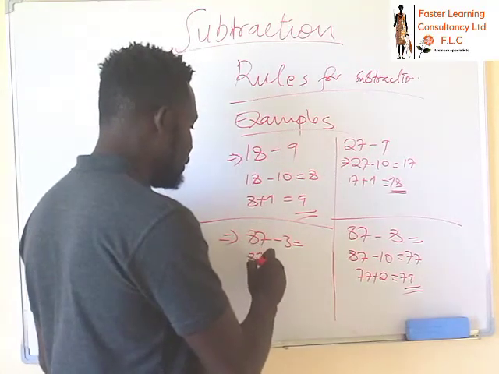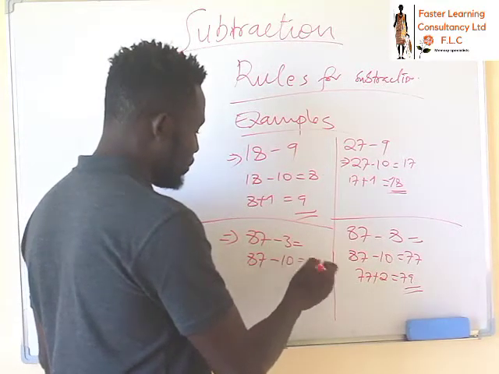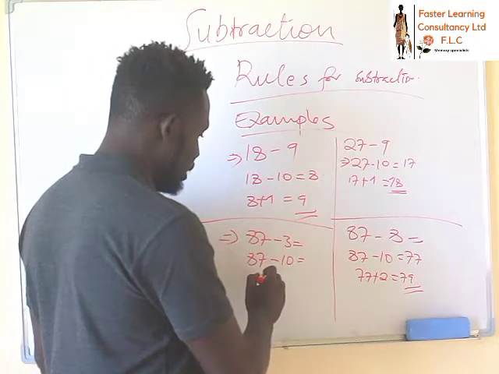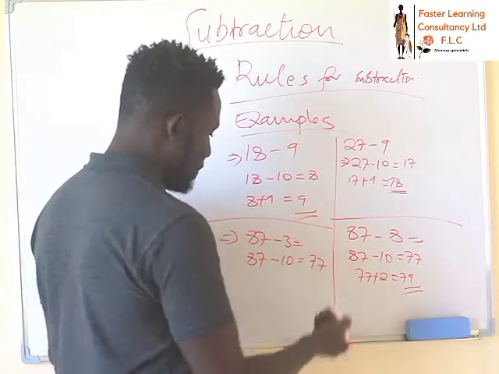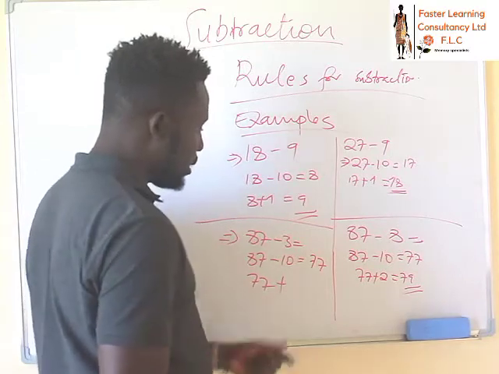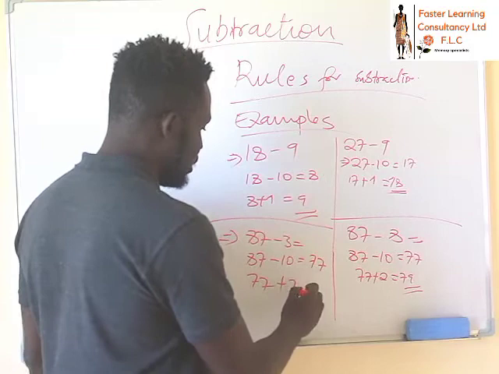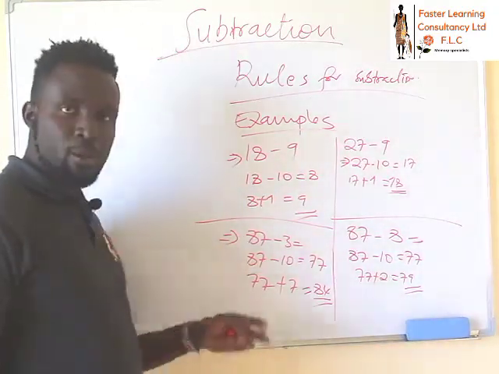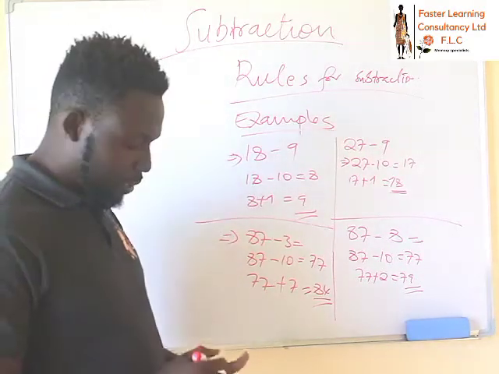I'm going to have 87 minus 10, so here I have 77, and then I have to add the difference between 10 and 3, which is 7. So this still gives me 84. With this way of calculation, you are likely to quickly subtract numbers.